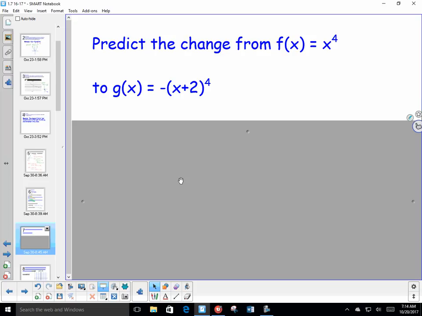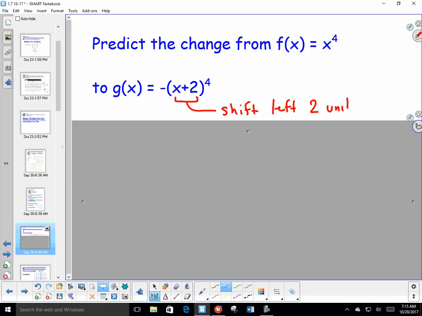And so what happens if we do x plus 2 before we raise to the fourth? That's a shift. What direction is that a shift? Up, down, left, right? Well, I hope that you remember, and we can check this on our calculators, that if we see an x plus 2, that's a shift to the left 2 units. And we're going to verify this in just a moment.